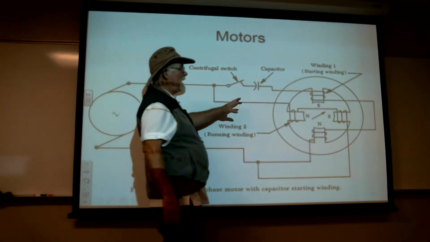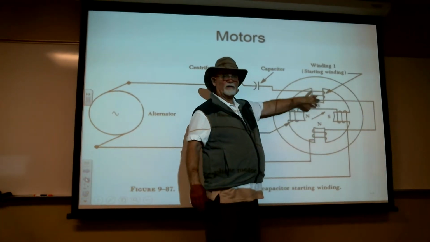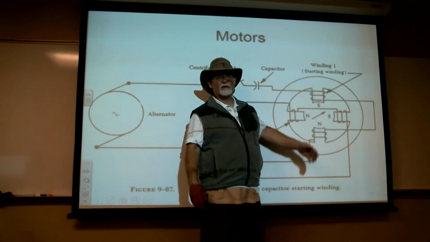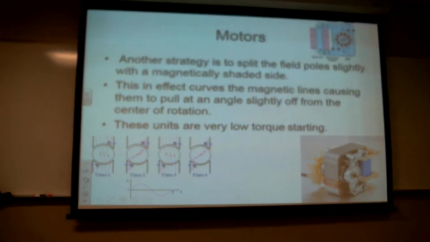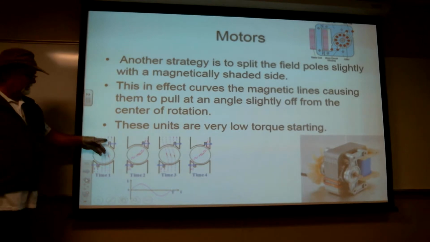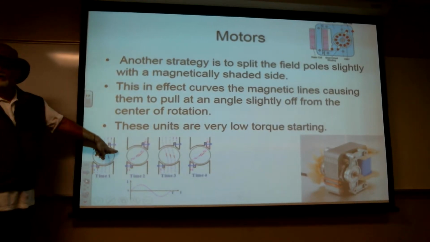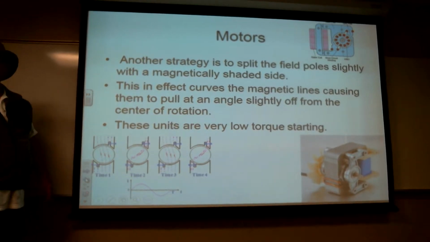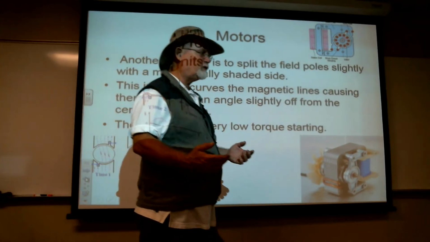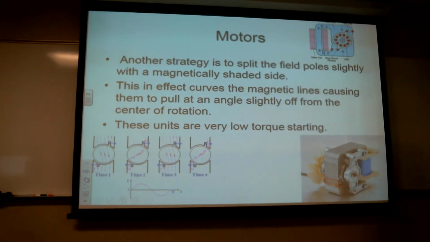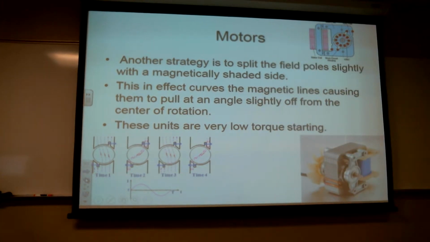It's a much smaller winding. All it's doing is distorting the field some, just like the shading did in this second example. In the previous case, we just had another winding creating that distortion. This will produce quite a bit more distortion and quite a bit more torque. So it's better for a heavy inertia type motor versus a little bitty bathroom fan motor.